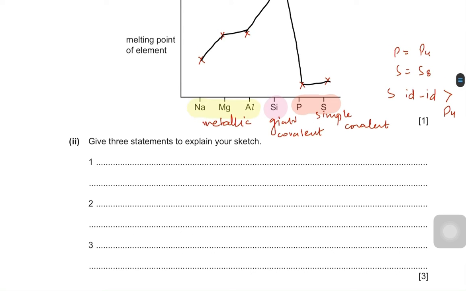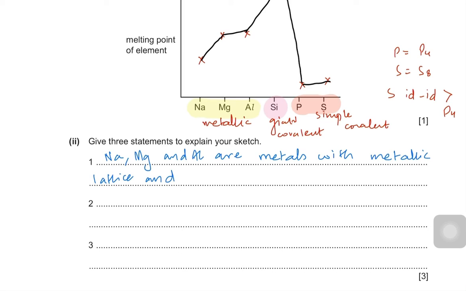Give three statements to explain your sketch here. So I would say that sodium, magnesium, and aluminium are metallic. So I'll write sodium, magnesium, and aluminium are metals with metallic lattice and strong electrostatic attractions. Let me change it.